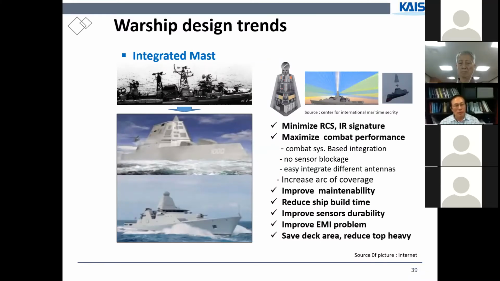So it minimizes the RCS and IR signature and maximizes the combat performance. Combat systems are optimally designed with no sensor blockage, very integrated different antennas, increased arc coverage, and improved maintainability because we are protected from the wind and salinity and the rain like that, and reduced shipbuilding time.